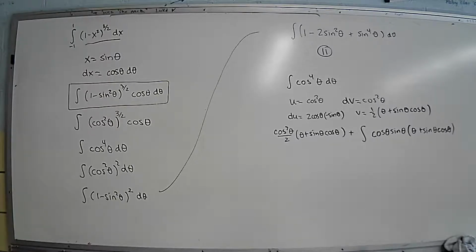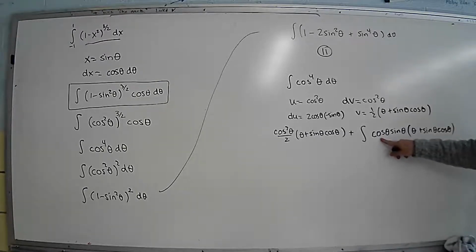This guy right here. If you have to distribute this, you're going to have theta times that, and I don't know what that is. And then I'm going to have cosine squared sine squared, which is kind of messy too. Dang it.